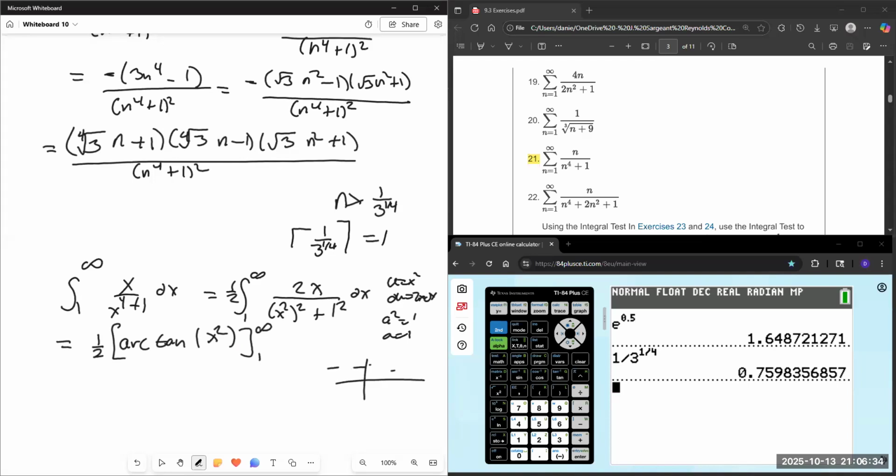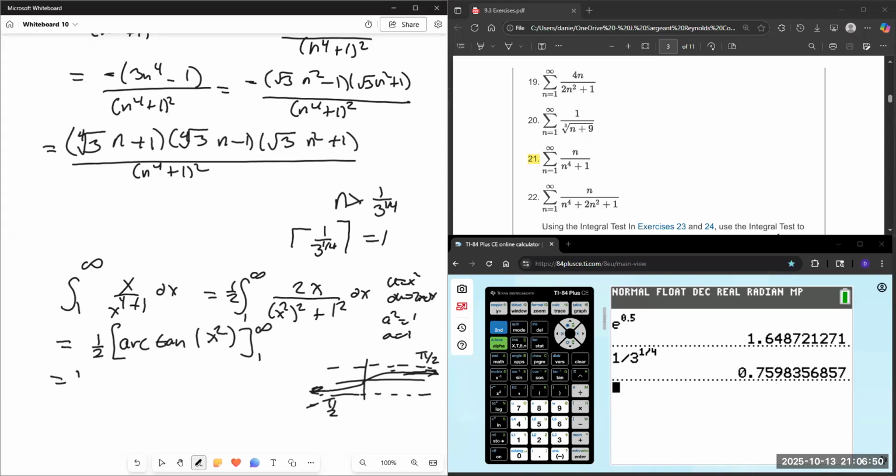I can't really say arctangent of infinity, but the right end behavior of arctangent approaches y equals pi over 2, and the left-hand side approaches negative pi over 2.